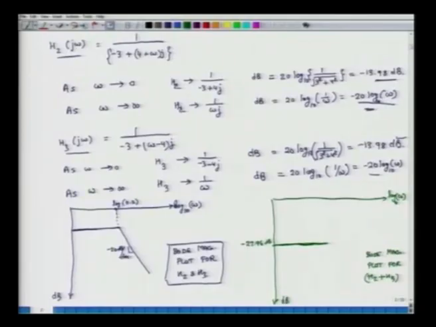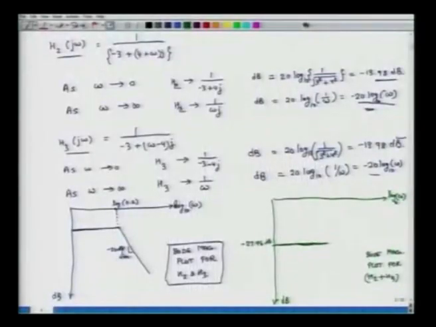Low frequency asymptote once again is minus 13.98 times 2, which is negative 27.96. The high frequency asymptote is a steeply sloped line, and the slope is negative 20 plus negative 20 decibels per decade. So, the overall slope is minus 40 decibels per decade.